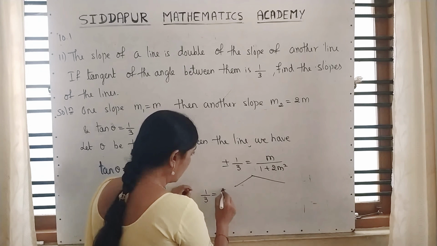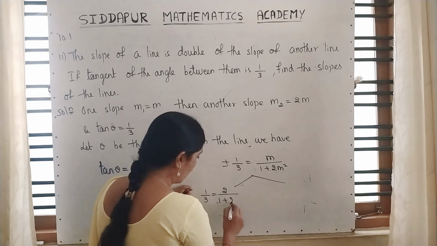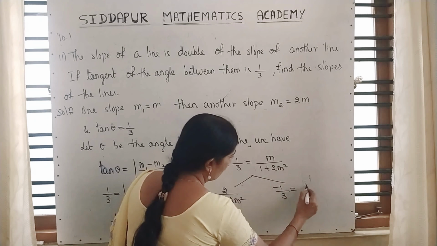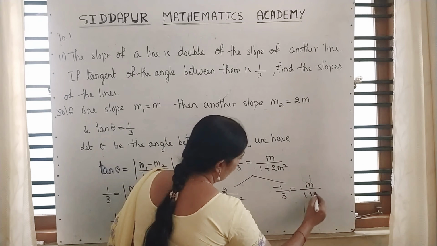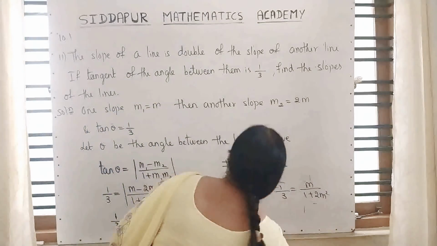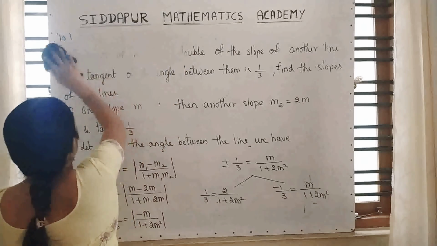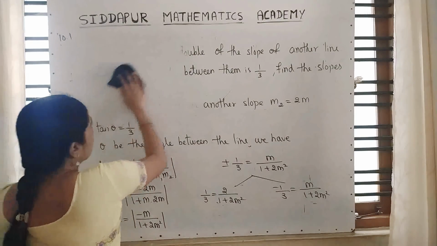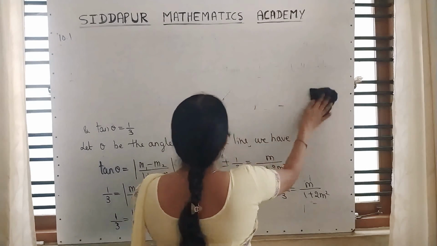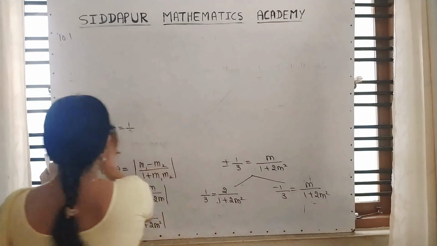1 by 3 equals m upon 1 plus 2m square. And this is minus 1 by 3 equals m upon 1 plus 2m square. Now cross multiply this. If you cross multiply, you will get a quadratic equation and solve it.